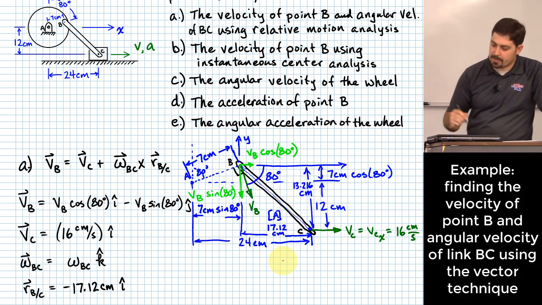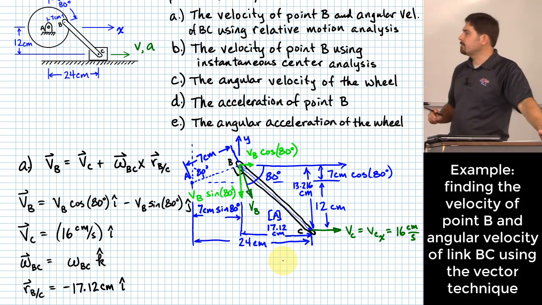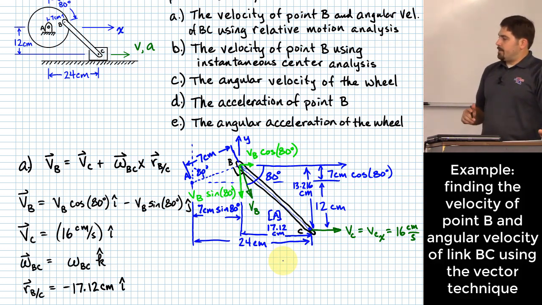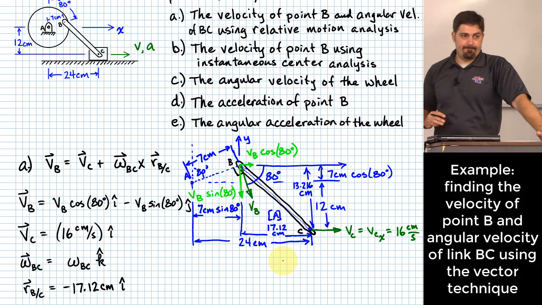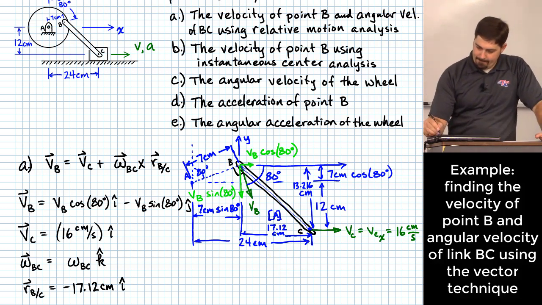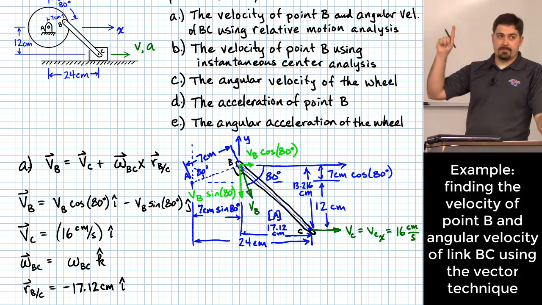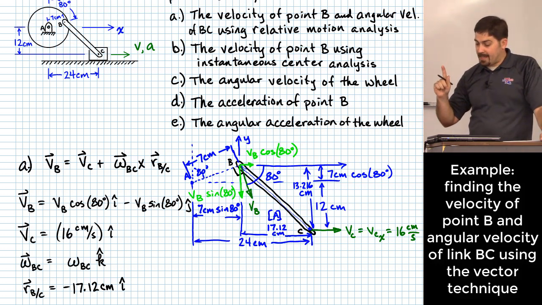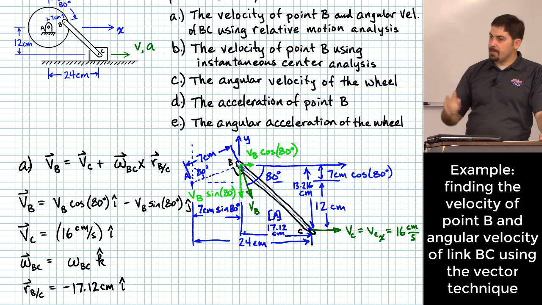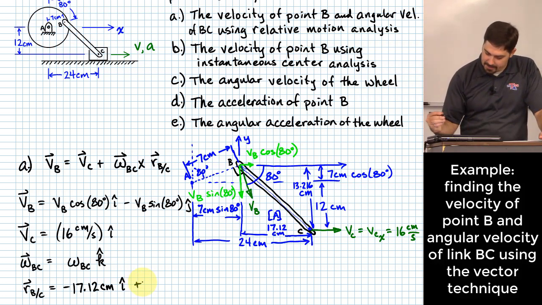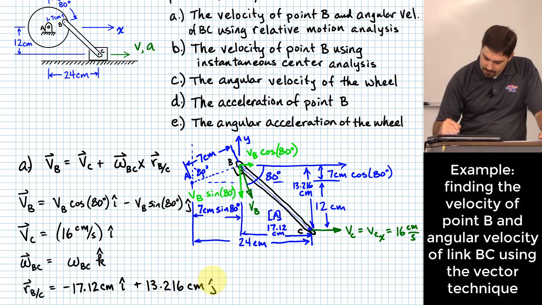You can see these diagrams get pretty messy pretty quick. All right, positive or negative? Do I have to go up or down to get from C to B? Because up is my positive y direction, right? So it looks like I have to go up to go from C to B, which tells me this should be positive 13.216 centimeters j.